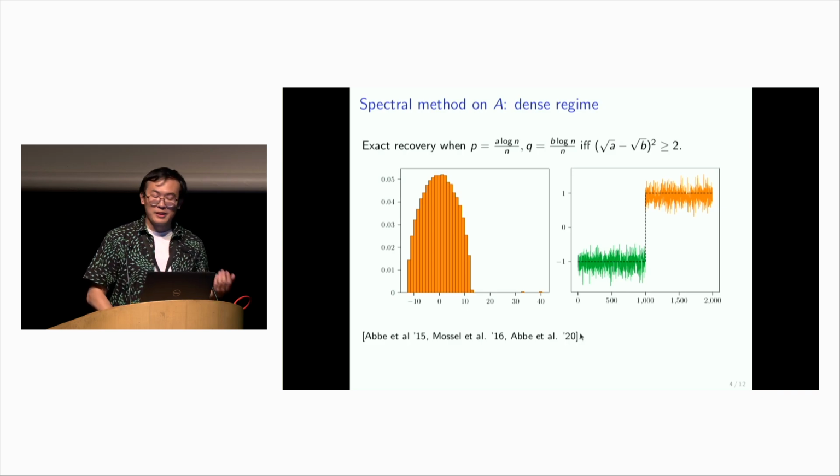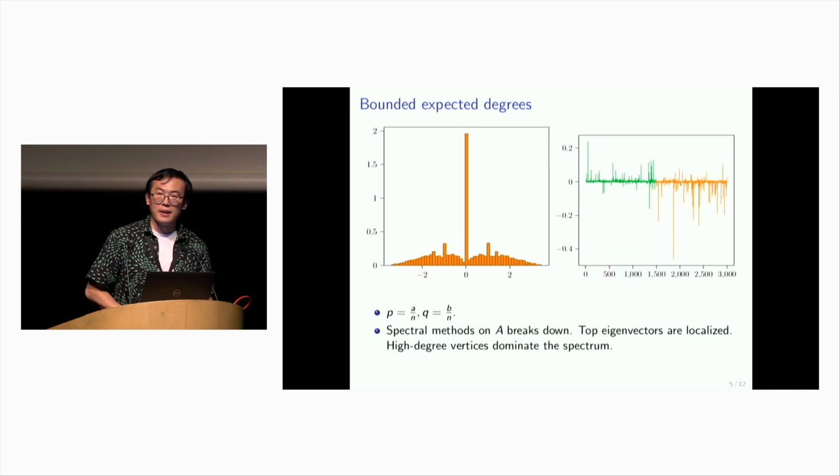Let's move on to the sparser regime. What if I try this method when P and Q are constant over n? So very sparse, where you don't even have connectivity. In this case, the eigenvalue behavior will not be given by the semicircle law. You will see a more spread out eigenvalue distribution with high density at 0. We can still try to compute the eigenvector of the second eigenvalue, and you will see a localization phenomenon.